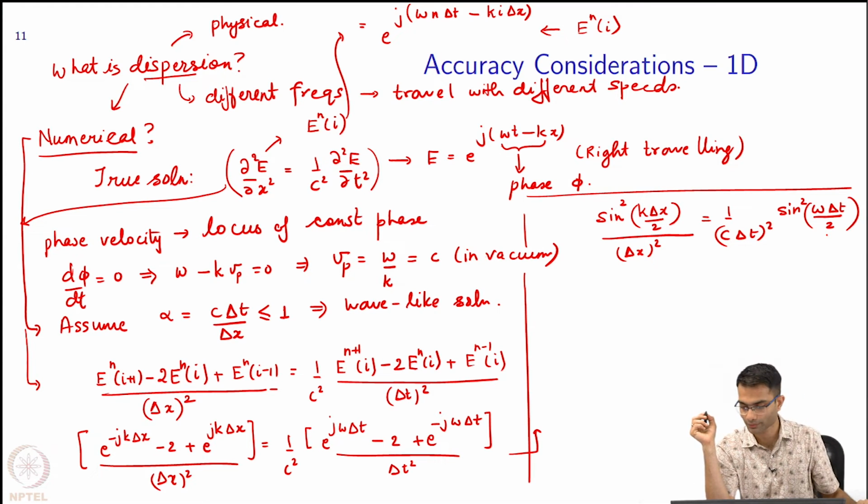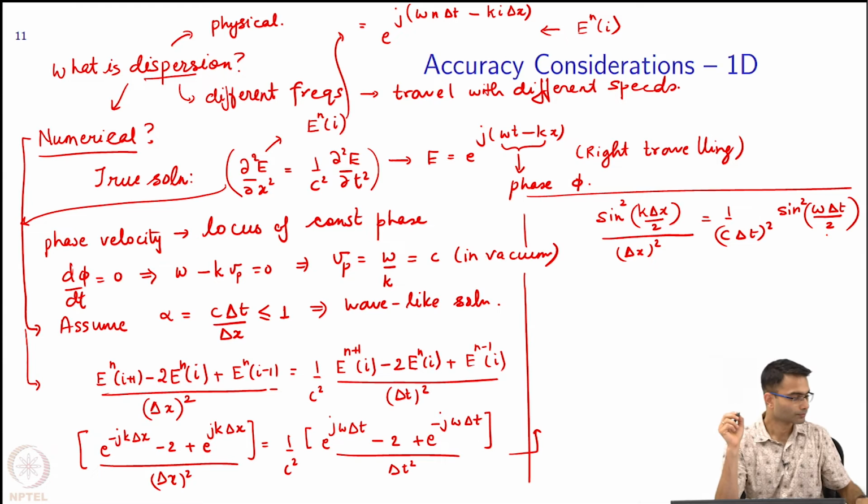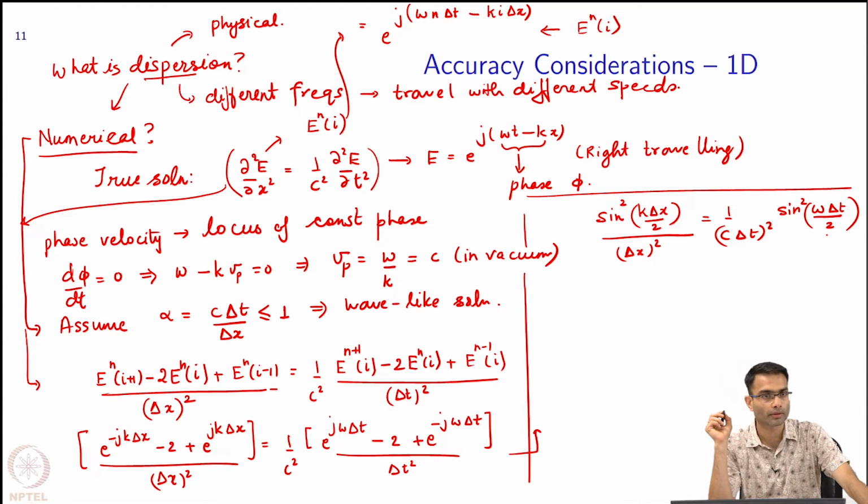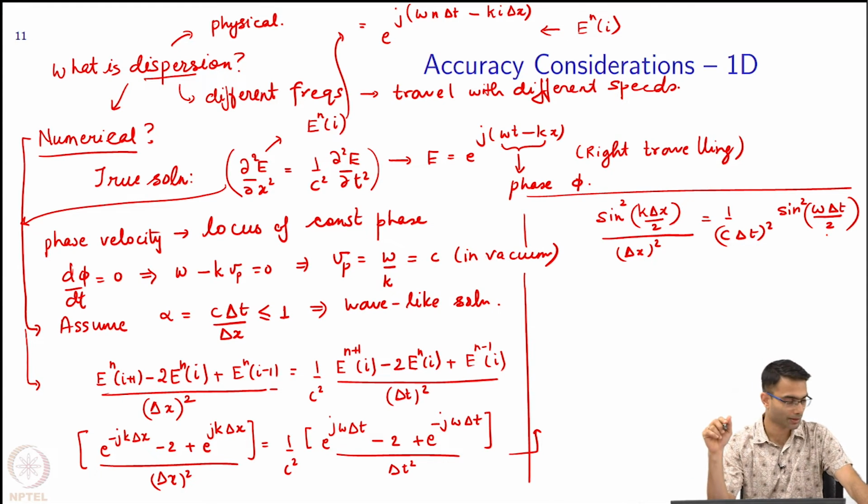All the other factors are common, they get cancelled off. So, it is a nice looking expression. We did not expect that it will simplify so nicely, but that is what we got.